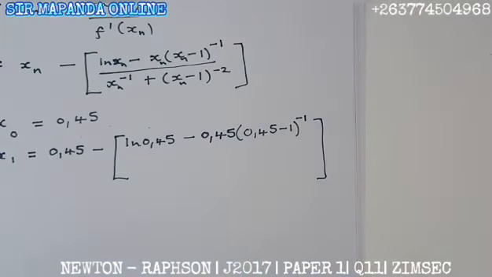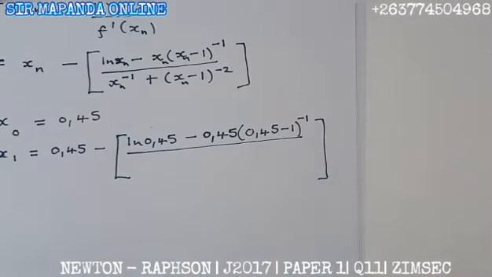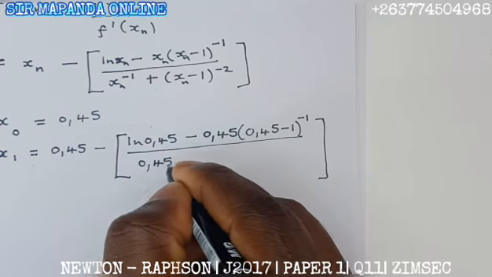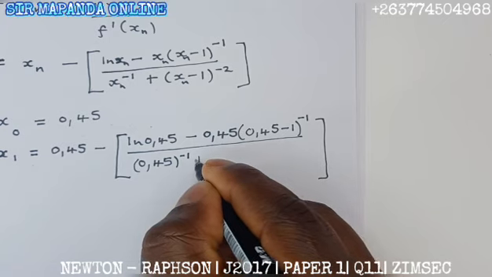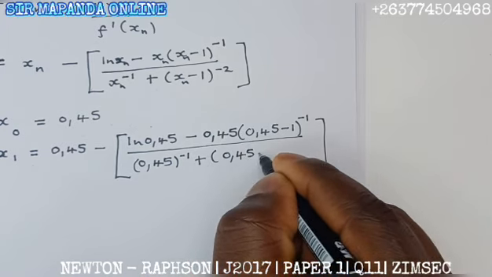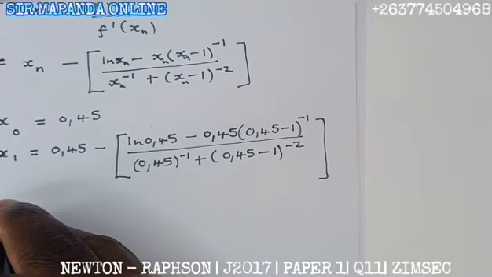You close your bracket. Put your division line. I hope you are following. Then you write 0.45 to the power of minus 1 plus 0.45 minus 1 to the power of minus 2, right?